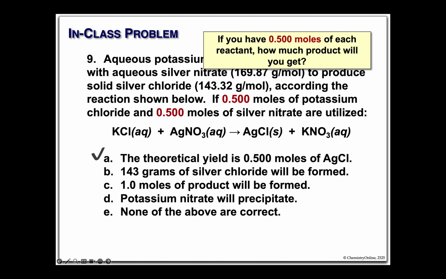Next choice here, 143 grams of silver chloride. Well, this is the molar mass of silver chloride, 143 grams per mole. 143 grams would be 1 mole. So that's wrong. It's half a mole. 1 mole of product will be formed.